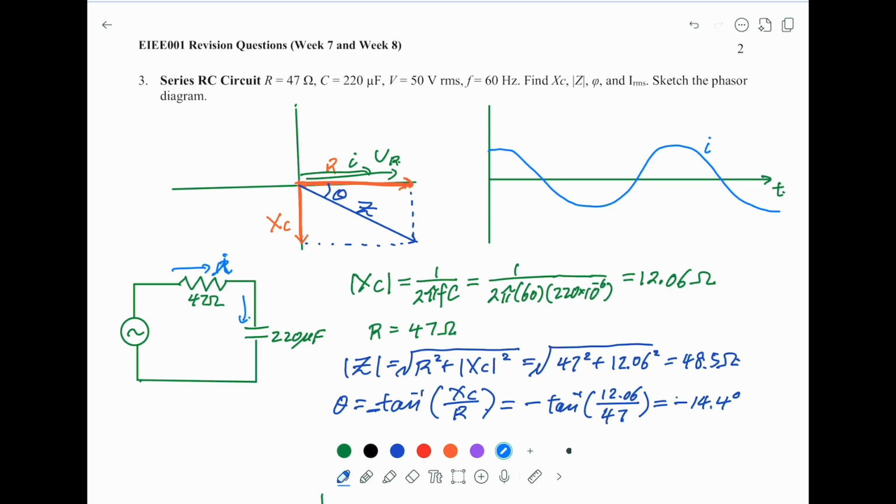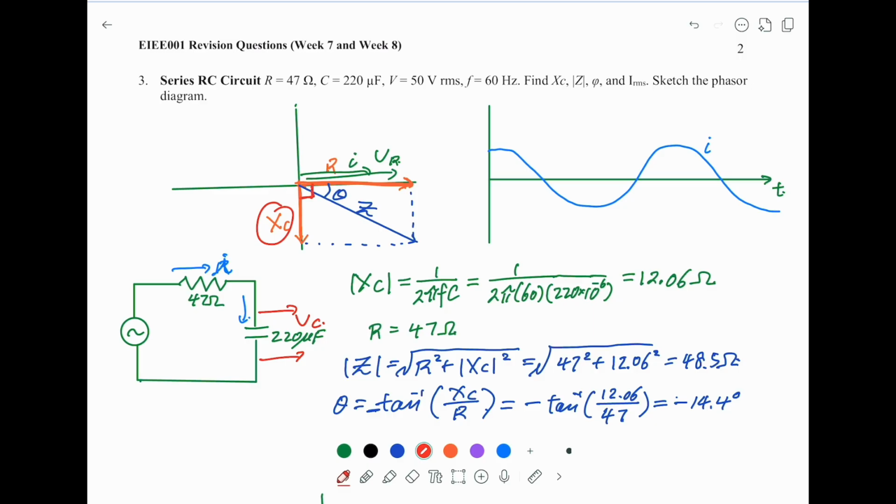Next, the voltage across the capacitor here, if we measure the voltage VC, which is aligned to the impedance XC. So this is 90 degrees lag behind.